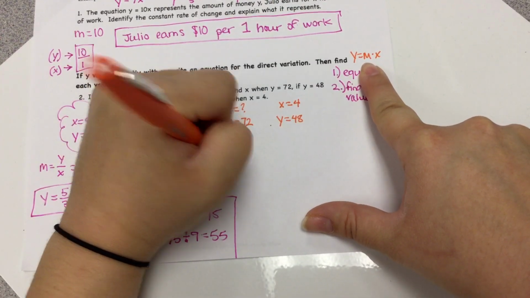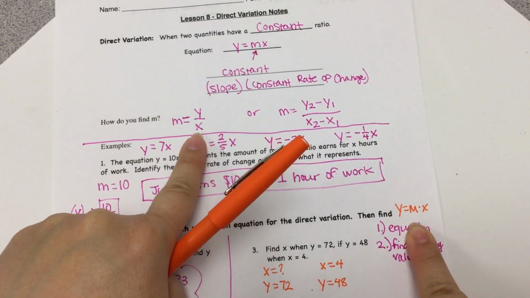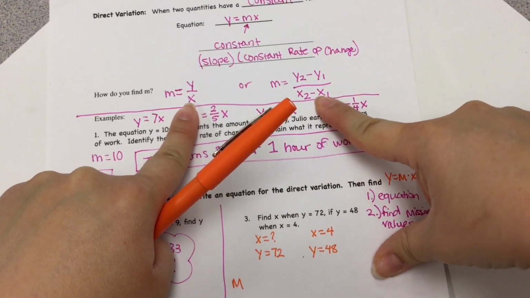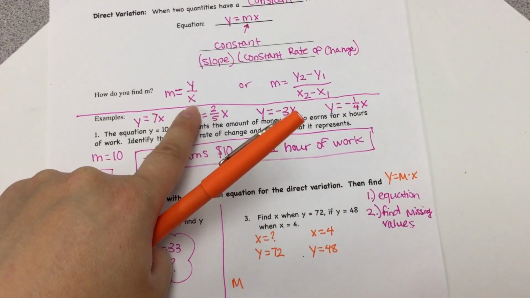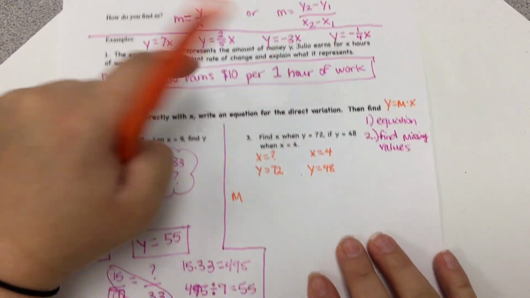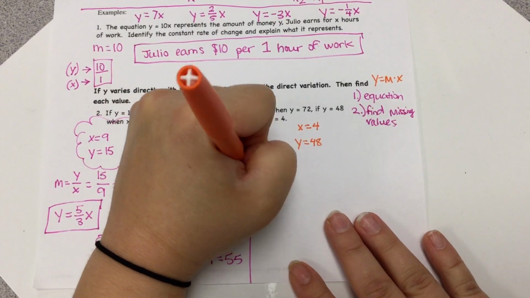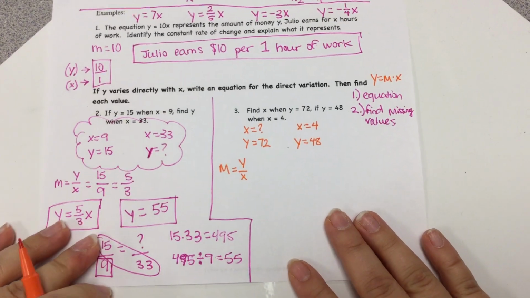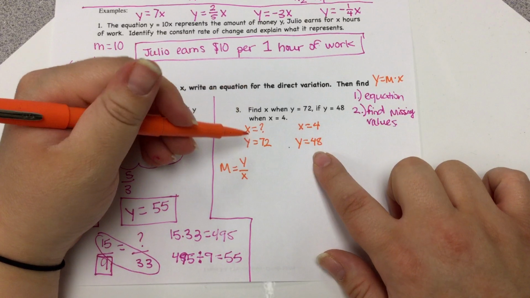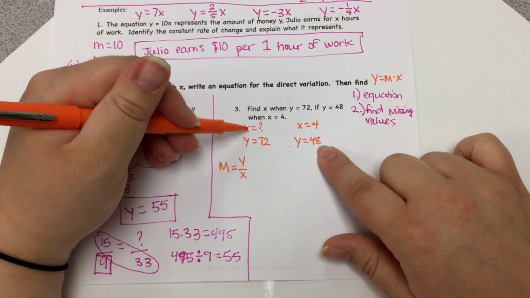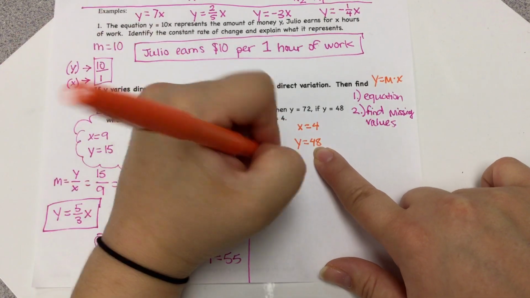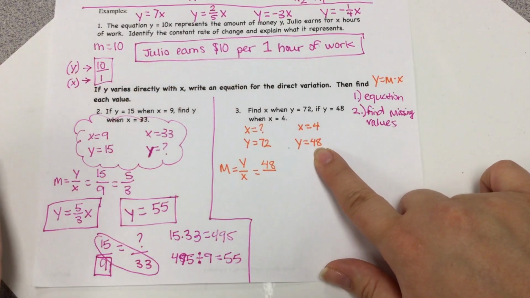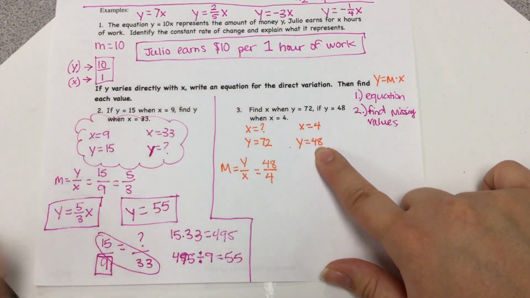In order to find my m, again, I'm going to use this formula because I'm missing one of the x's, so I can't do x2 minus x1. So I'm going to use this constant formula right here of y over x. In this case, I look at which pair I have both x and y, and it's going to be the pair on the right. So I'm going to take y, which is 48, and set it over x, which is 4.